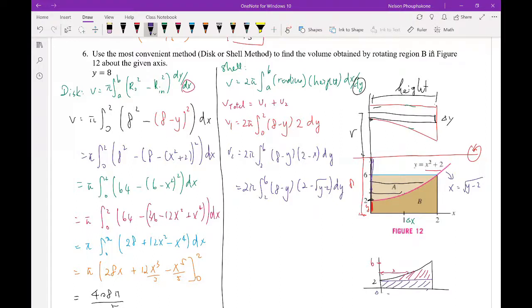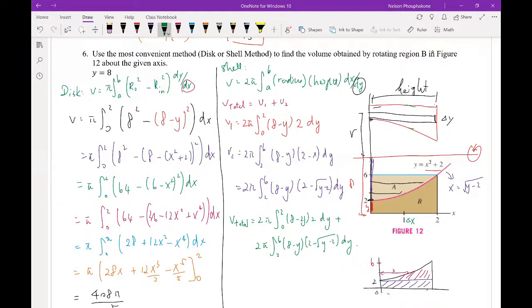In this case, the total volume will be 2 pi integrate between 0 and 2, 8 minus y times 2 dy, plus 2 pi integrate between 2 and 6, 8 minus y, 2 minus the square root of y minus 2 dy. Okay, wow.